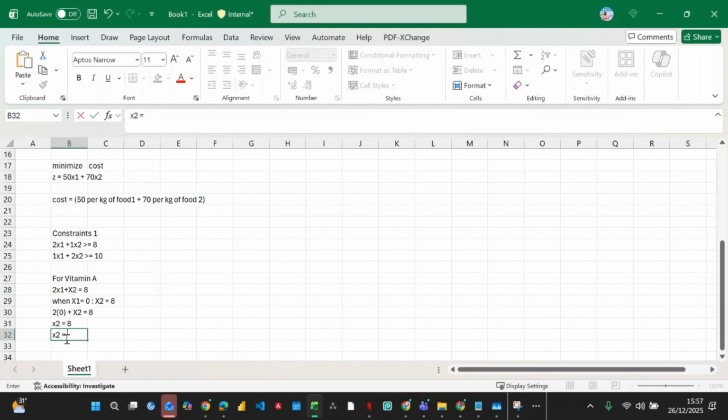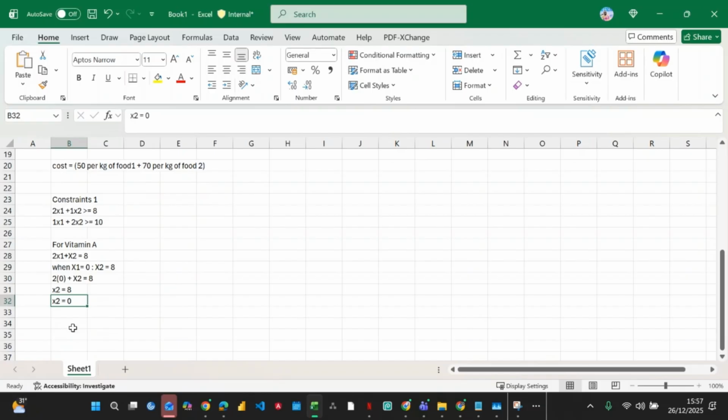Okay, so now, in another case, what if x2 is equals to 0? If x2 is equals to 0, that means we are only using food 1. We are not using food 2. The first time we used food 2 without using food 1. So it's another scenario.